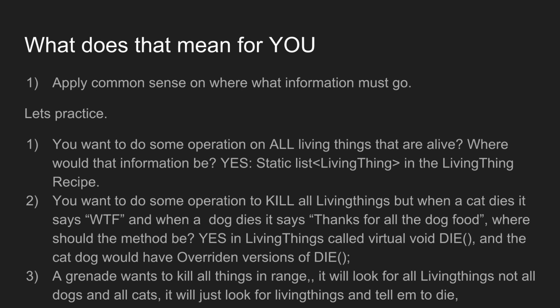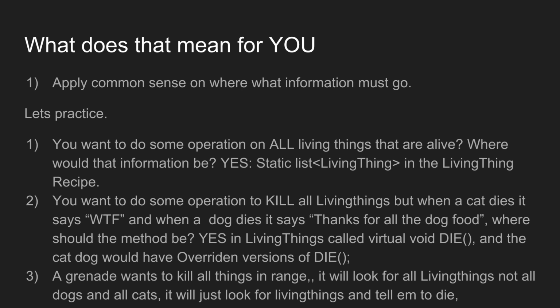Where should that information logically be? The correct answer and the most convenient way is a static list of living things in the living thing recipe. Okay, although, as I previously explained, that living things list obviously contains in itself dogs and cats, but we don't care. We want all living things, including dogs and cats.